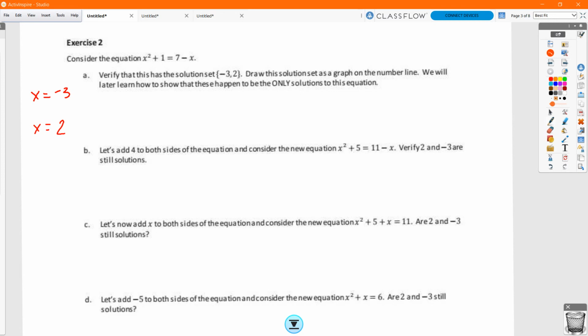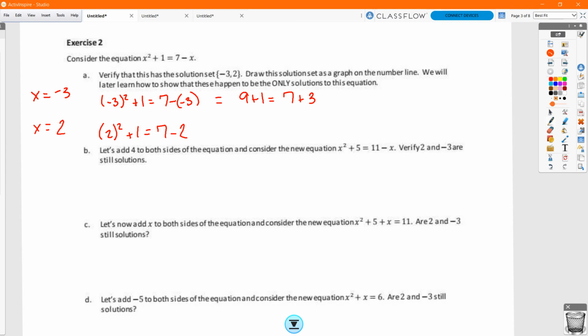So the first one, I've got negative 3 squared plus 1 should equal 7 minus negative 3. And then the last one would be 2 squared plus 1 equals 7 minus 2. Now I have to verify. Negative 3 squared is 9, plus 1 equals 7 minus negative, negatives turn into pluses, so that'd be 7 plus 3.